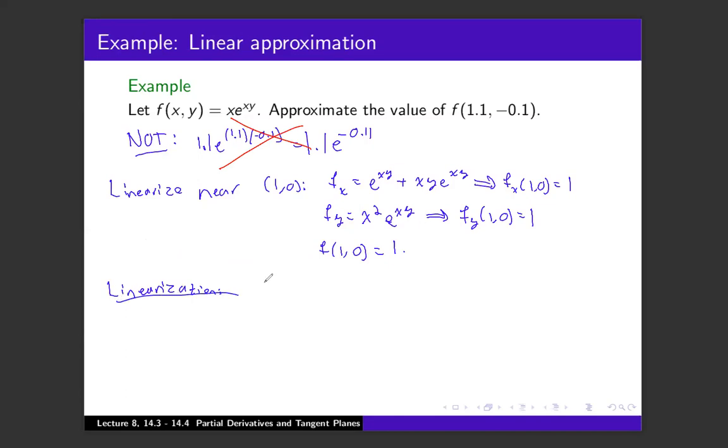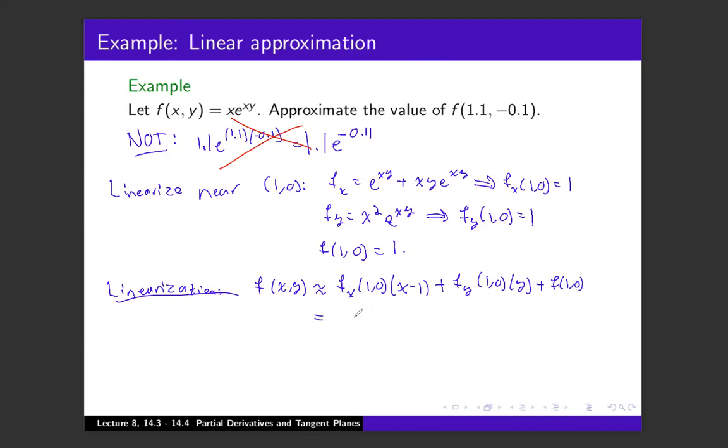The linearization in this case is going to be, f(x,y) is approximately equal to f_x at the point (1, 0) times x minus 1, plus f_y at the point (1, 0), but this time just times y, plus f(1, 0).